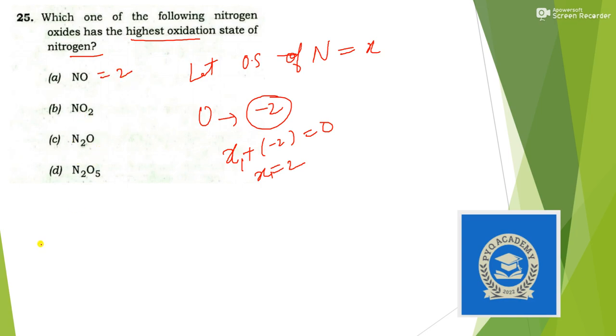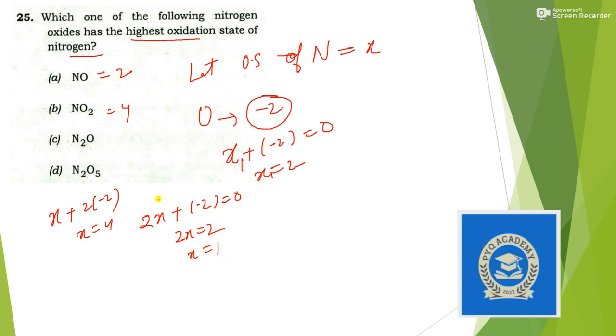Let's come to the second case. X plus 2 times -2 equals 0, so X equals 4. Now in this case, 2X plus -2 equals 0, so 2X equals 2 and X equals 1. So here the oxidation state of nitrogen is 1.